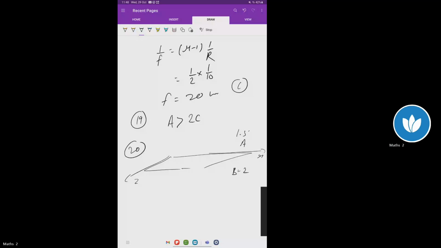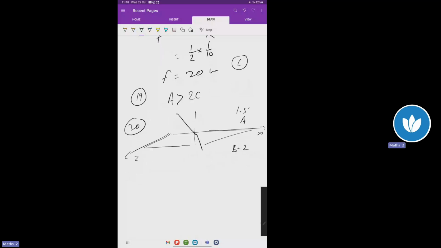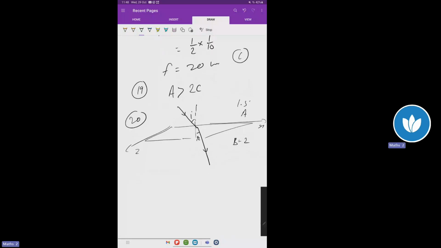Then this is the incident ray and this is the reflected ray. This is I and this is R. So we know this normal is J cap.